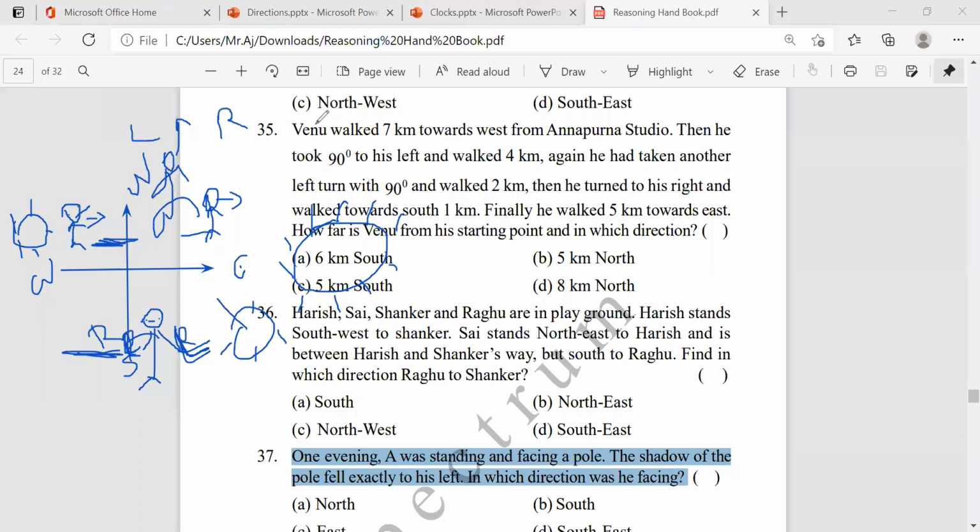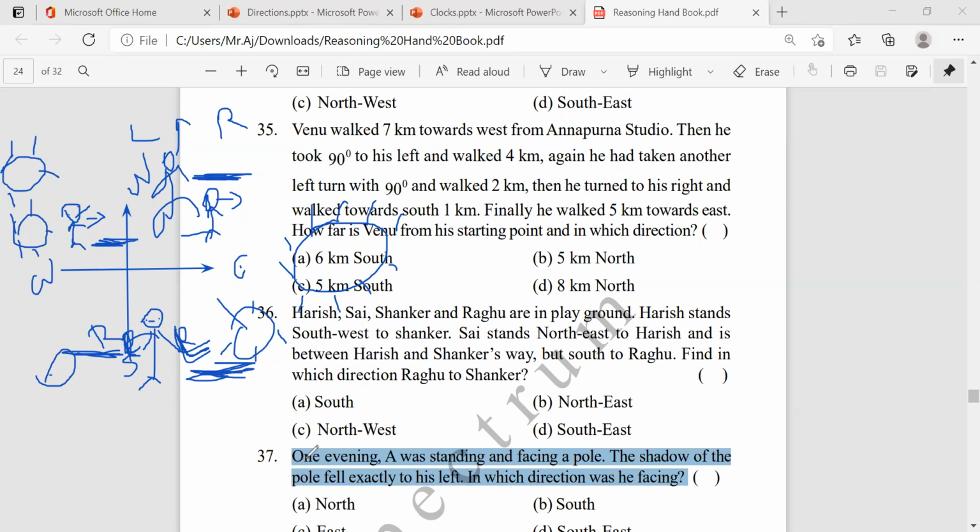The same thing in the evening: a person facing north in the evening, the shadow will fall here, on the person's right side. Facing south in the evening, the shadow will fall on his left. Is it clear?